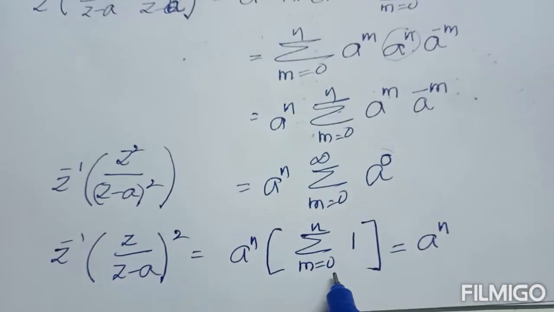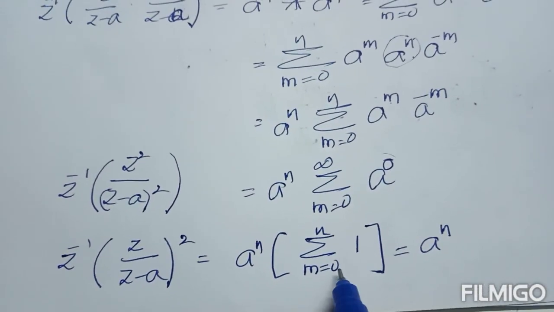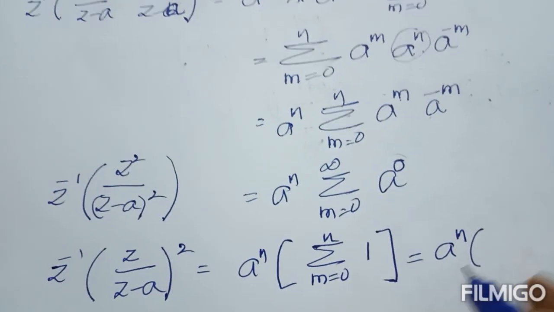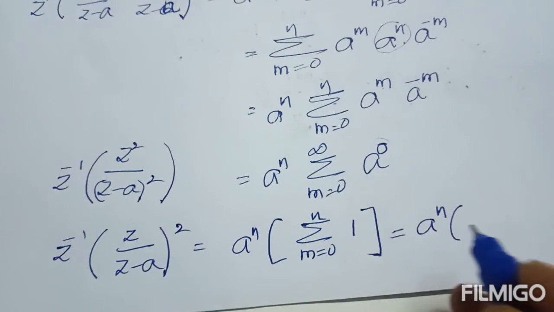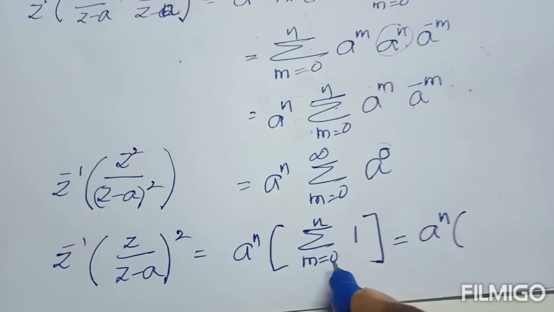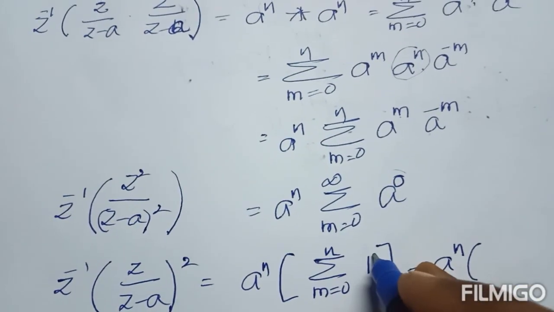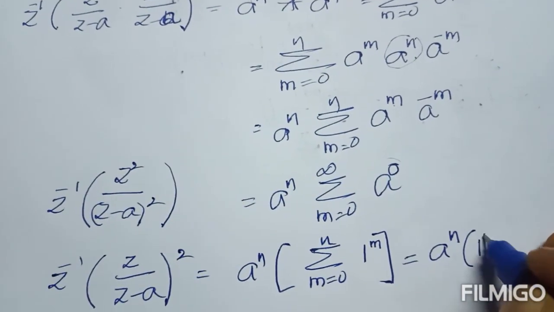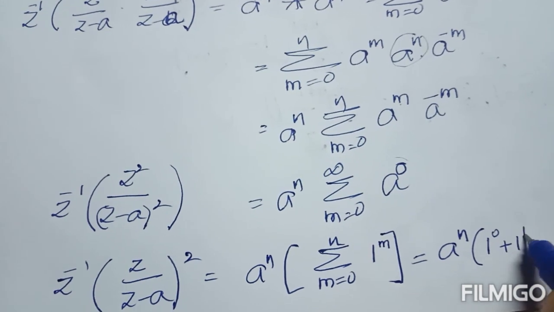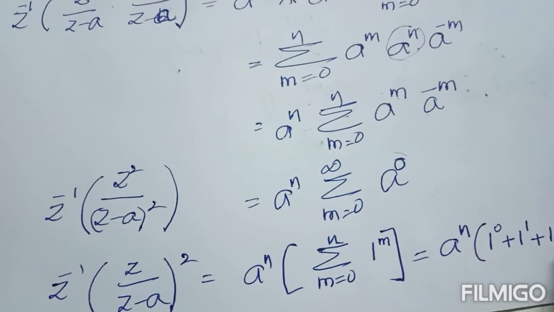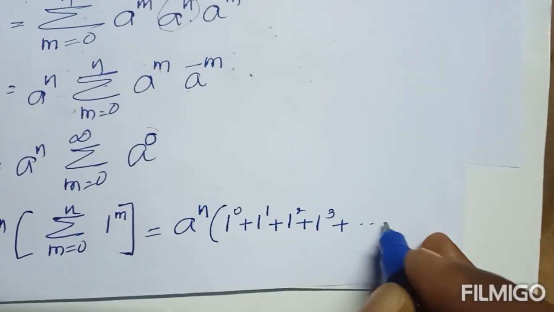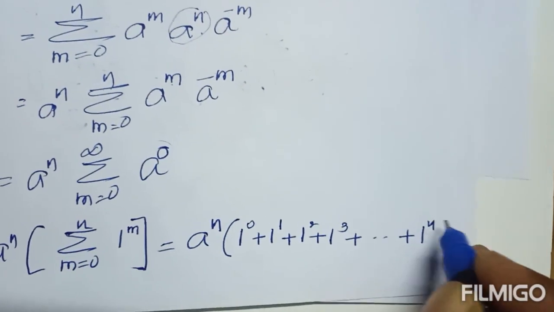How many ones are here? For 0, 1; for 1, 1; for n, 1. Likewise, how many ones are here? n plus 1 ones. For example, for m equal to 0, consider this one as 1 to the power of m: 1 power 0, next 1 power 1, 1 power 2, 1 power 3, and so on, 1 to the power of n.